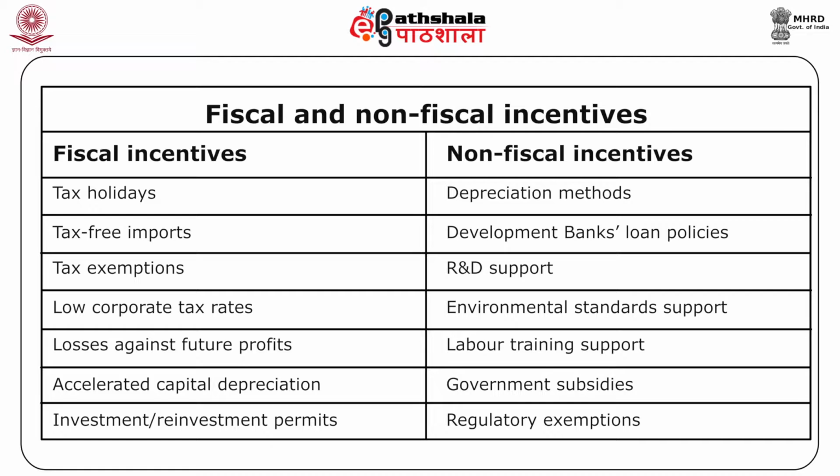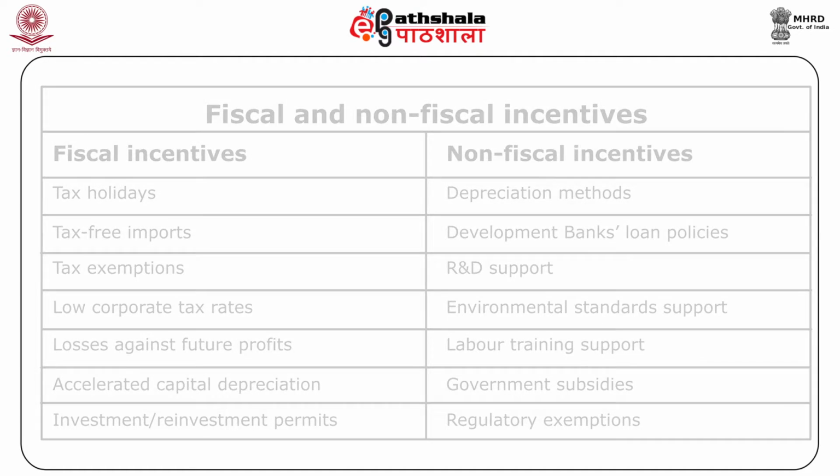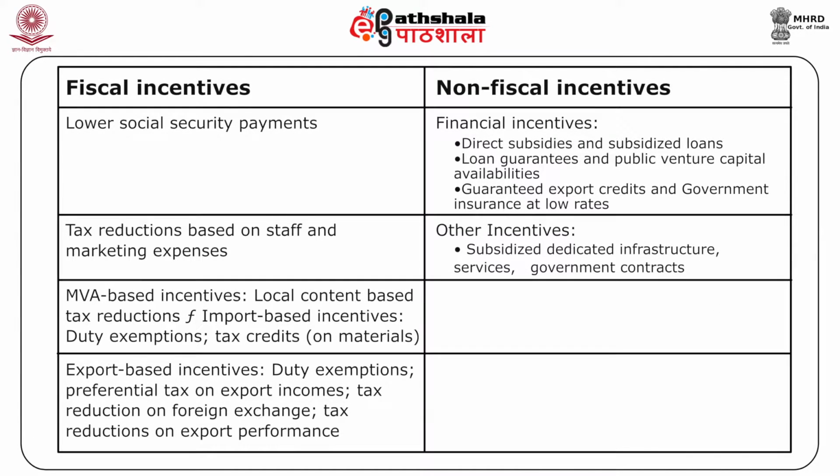Now, if we move on to the non-fiscal, they are depreciation methods, development banks' loan policies, R&D or research and development support, environmental standard support, labor training support, government subsidies, regulatory exemption, and financial incentives which could be in the form of direct subsidies, subsidized loans, loan guarantees and public venture capital availabilities.